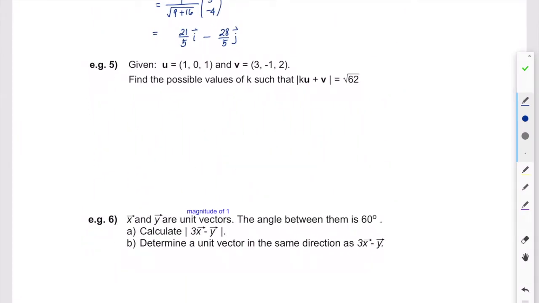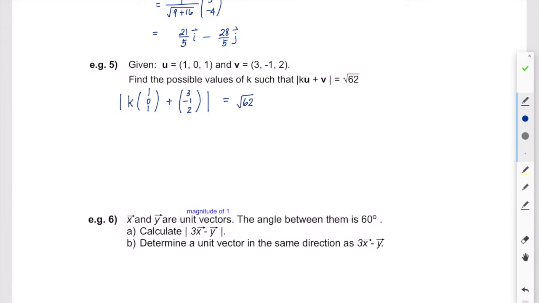And then example 5. Here we have two vectors u and v given to us. We're going to find possible values of k such that the magnitude of the new vector ku plus v is square root of 62 units. All right. So here I want k, 1, 0, 1 plus the vector 3, negative 1, and 2, the magnitude of that to equal square root of 62.